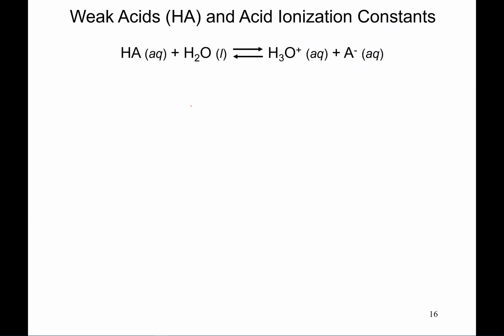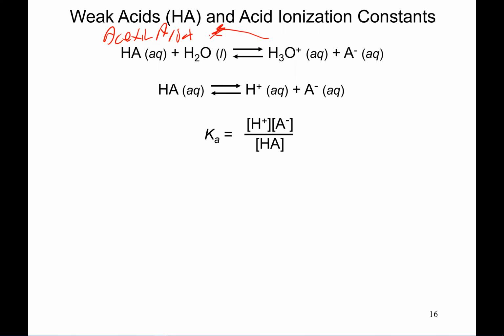Now the weak acids and acid ionization constants, and again, this is an equilibrium. Acetic acid is one example. Essentially, the equilibrium is on the left-hand side there. The Ka is the ratio of equilibrium concentrations, the same thing as Keq.